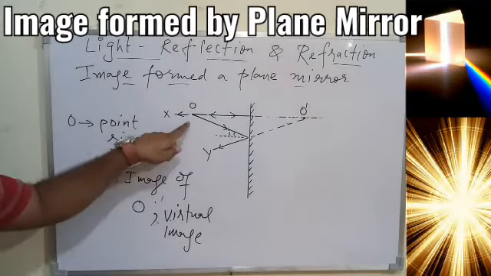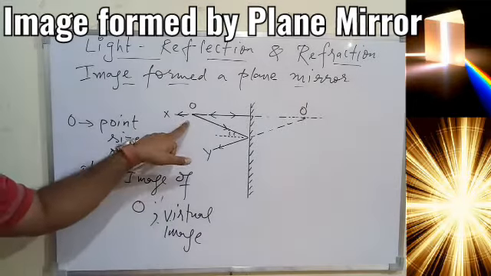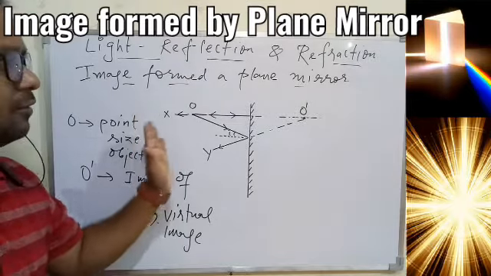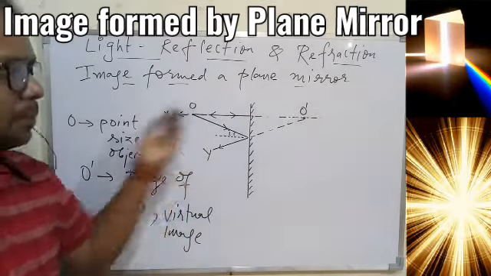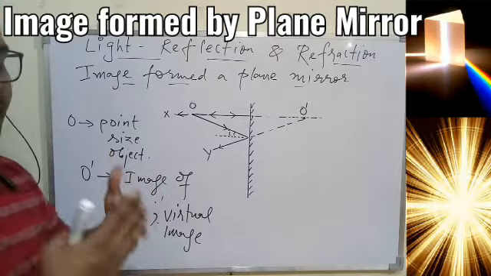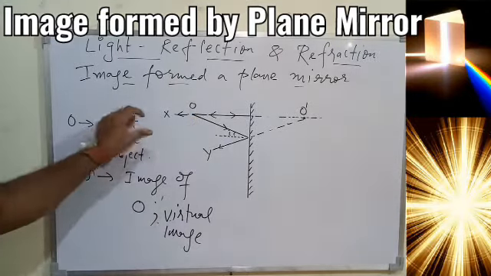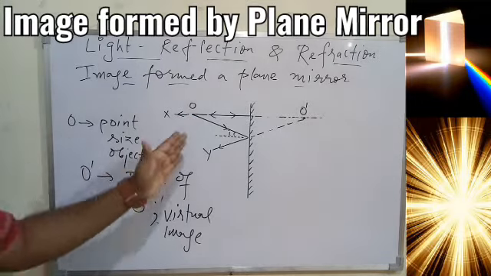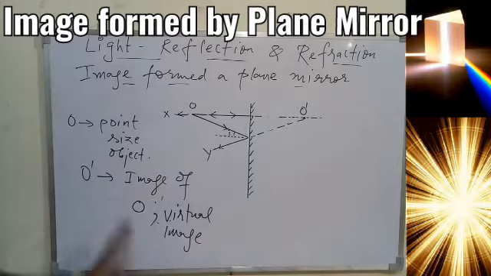We started with a point size object O, and we are trying to find out if the rays are coming from the point size object O, it will fall on the mirror and then it will be reflected back. After reflection, we have to see if the rays are converging or diverging. Now here we understood after reflection the two rays are diverging. So we understood in front of the mirror they cannot converge, and if they cannot converge, it cannot form the real image.